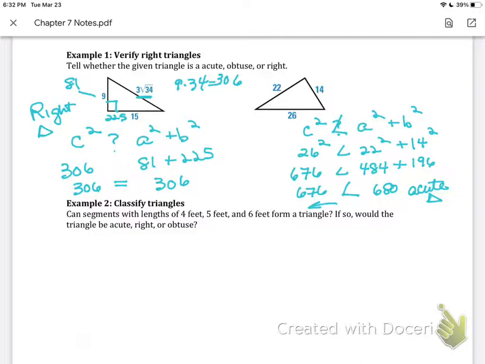Okay, so now, example 3. The first question they're asking us is, can segments with lengths of 4, 5, and 6 feet form a triangle? So that's our first job. So let me change my color. The segments are 4, 5, and 6.